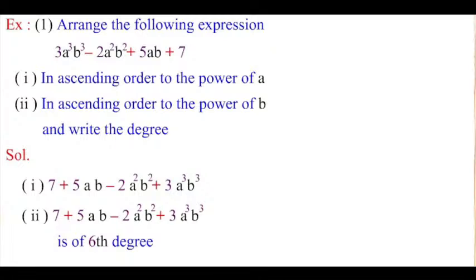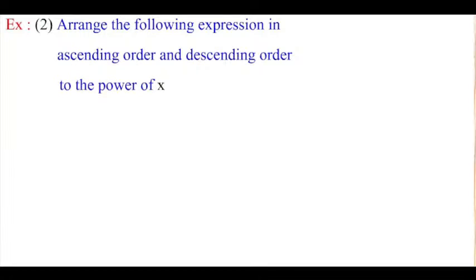Example 2. Arrange the following expression in ascending order and descending order to the power of x. 2x squared y power 3 plus 3y squared minus 5yx minus x power 3. Solution.